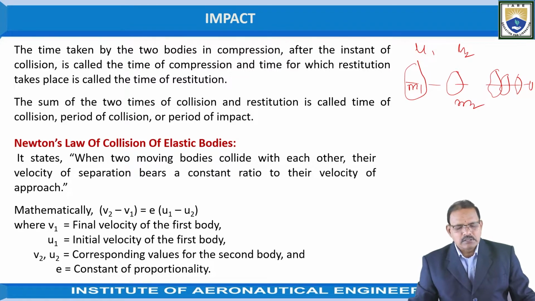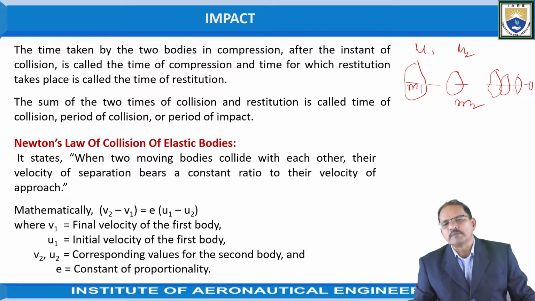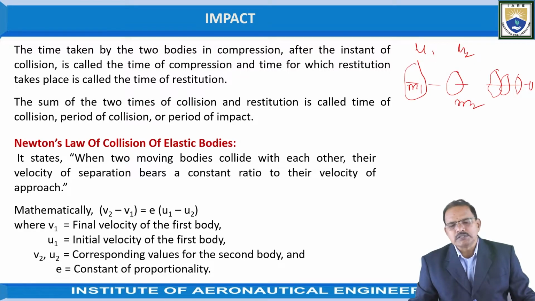If V1, V2 represent the final velocities of the two bodies after the collision and U1, U2 the initial velocities before the collision, then the velocity of approach is U1 minus U2.